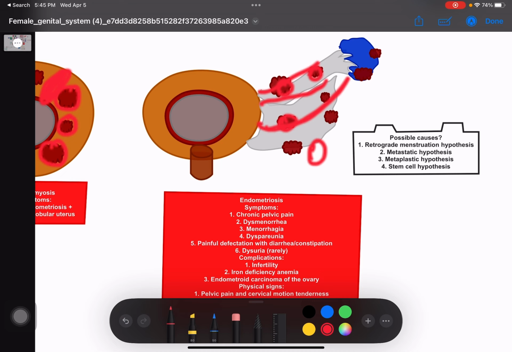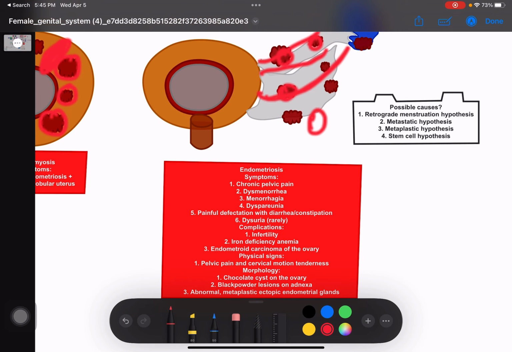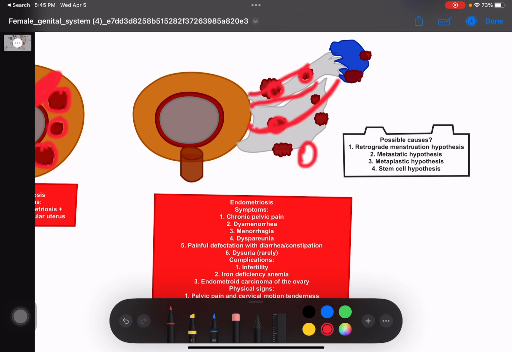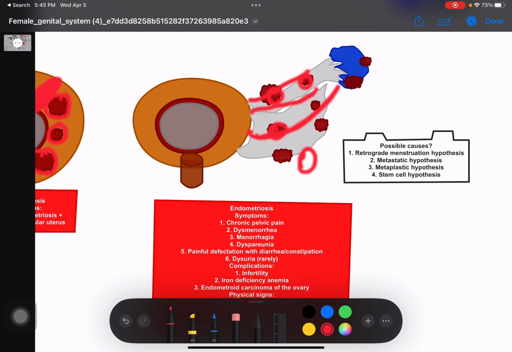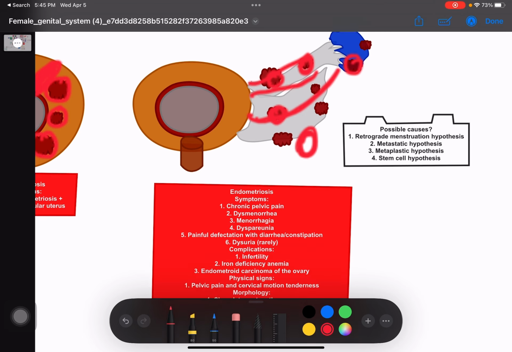It can also metastasize to very distant sites such as peritoneum or lungs, kidneys, or heart, but that's much less common. Usually it's near the uterus, somewhere in the fallopian tubes, ovaries, near the round ligament, or near the retrovesical pouch, right?